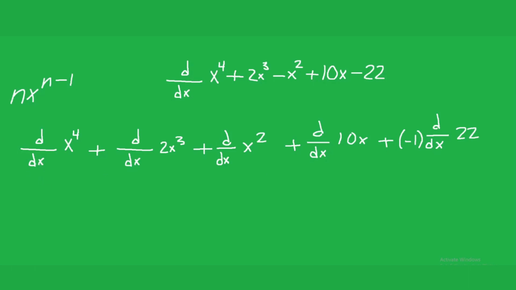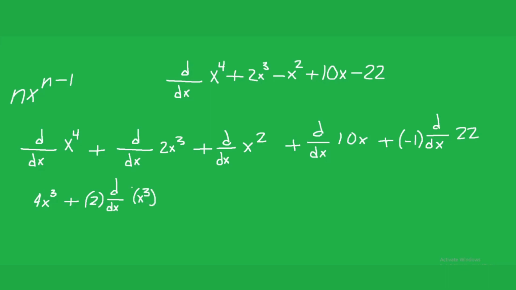Okay, so then what we're going to use for this first one is the power rule, which will be 4x cubed. Over here, we have 2x cubed. Like I showed you earlier, what we're going to have here is that 2 for that constant multiple rule times the derivative of x cubed, right?